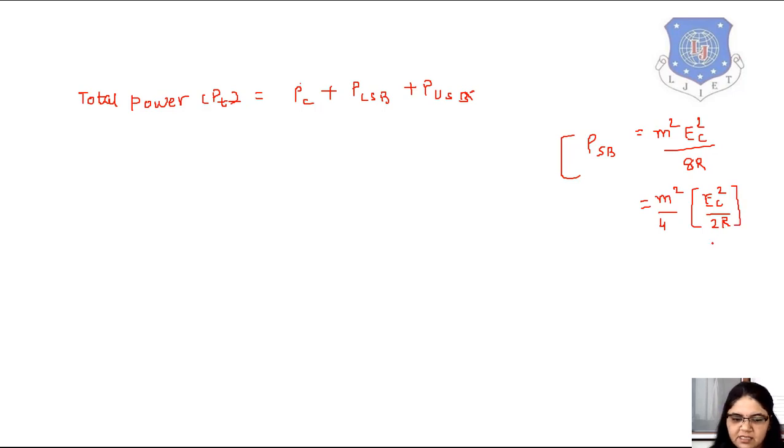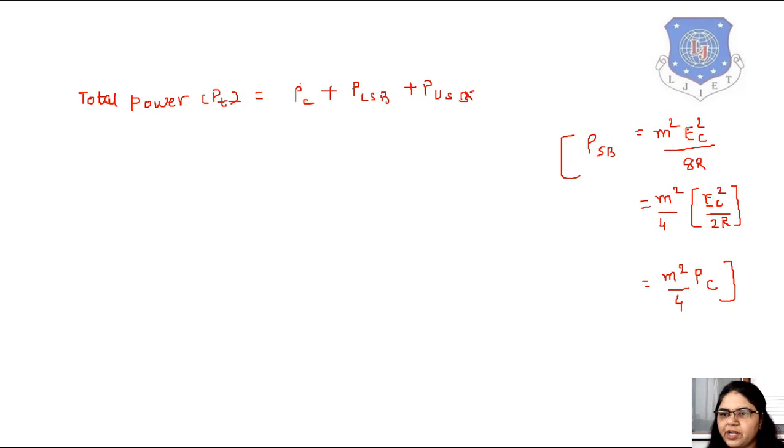But what is Vc square upon 2R? That is m square by 4 into PC. So now we have the value of the sideband power over here.